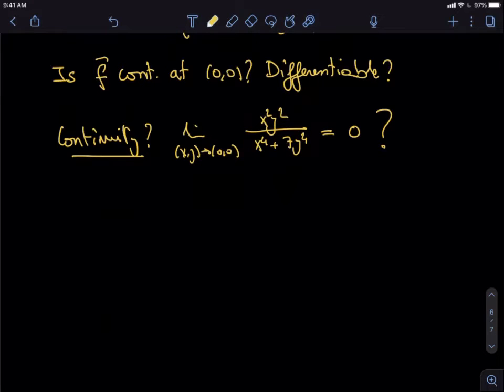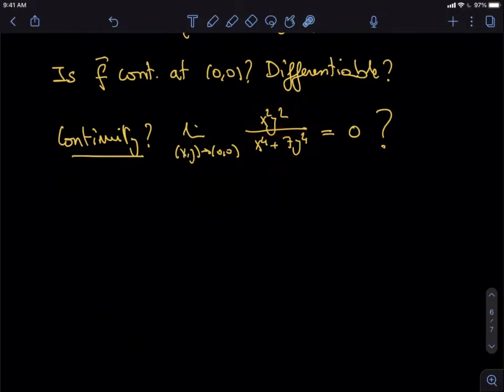Now, to check the continuity, there are two ways to go. It depends if you believe it's continuous or not. I believe it's not. So when you think it's not continuous, you need to check different paths to see if it breaks the continuity. Here we have power of 2 for both x and y in the numerator and powers of 4 in the denominator.